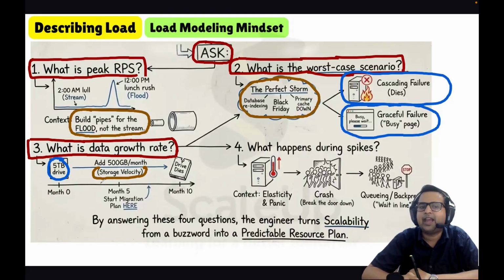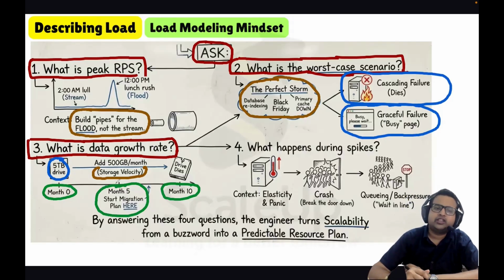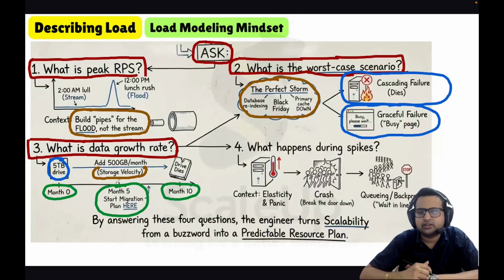He will do the calculation and realize that in 10 months the hard disk will be full. So in month 5, he starts migrating. He starts upscaling, adding more storage, and doing the migration.